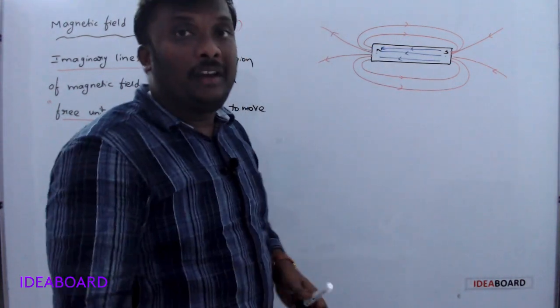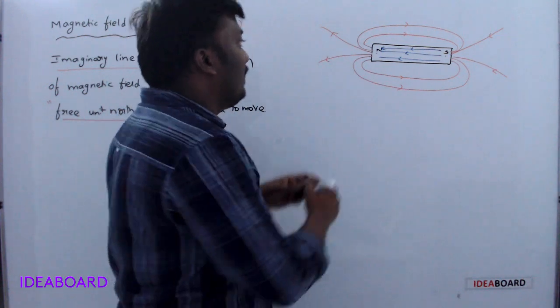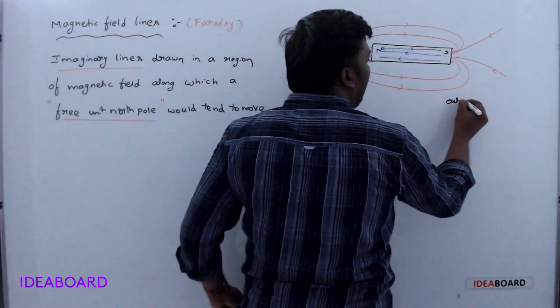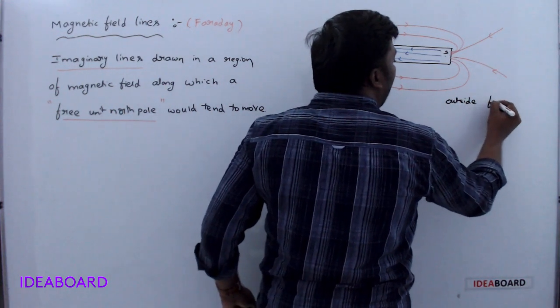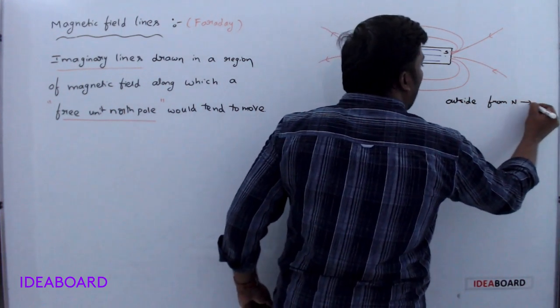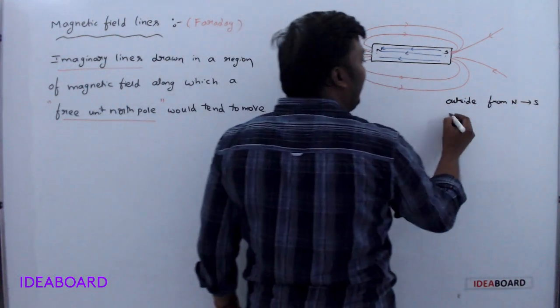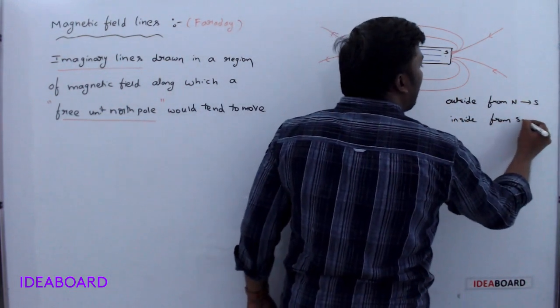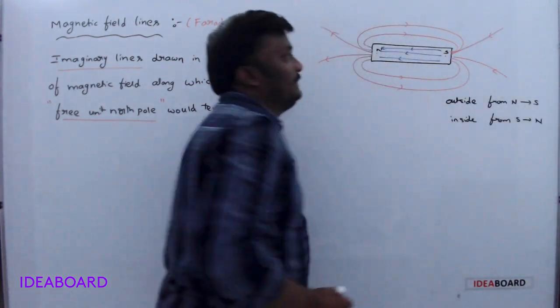So how are these magnetic field lines visualized? Outside the magnet from north to south, and inside the magnet from south to north.